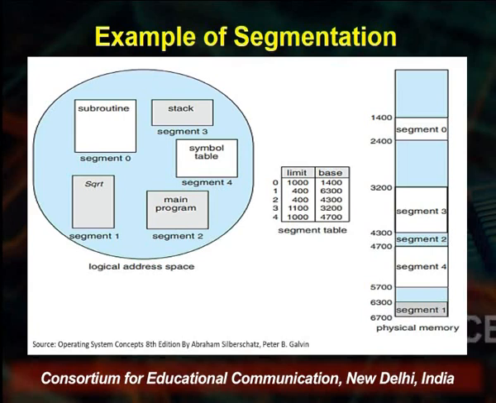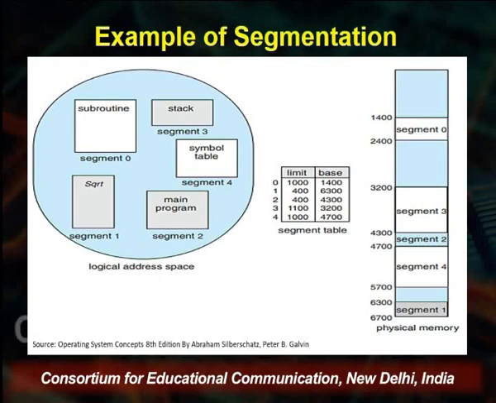The logical view of memory consists of 5 segments. Segment 1 holds some functions like sqrt. Segment 0 is a subroutine. Segment 3 is a stack. Segment 4 holds a symbol table, and segment 2 is the main program.